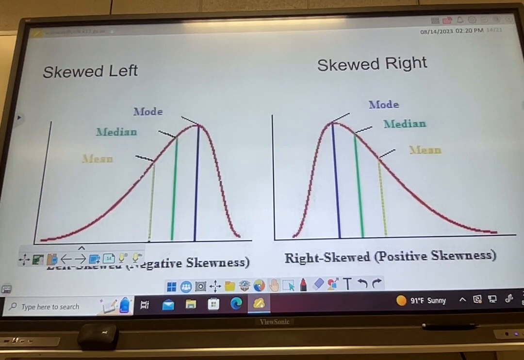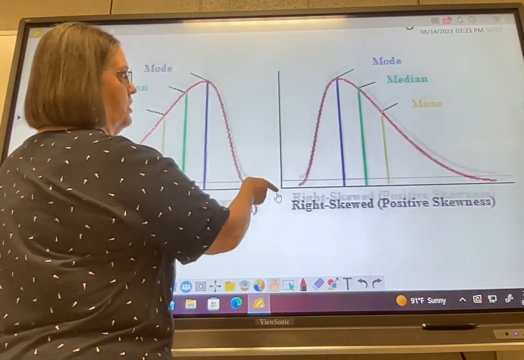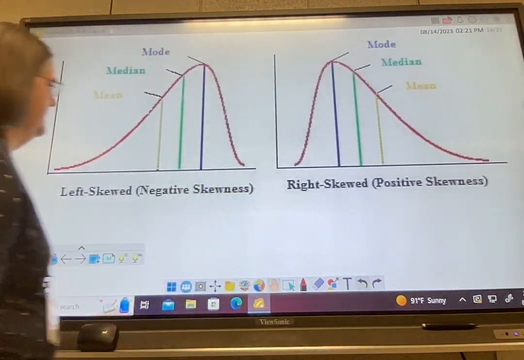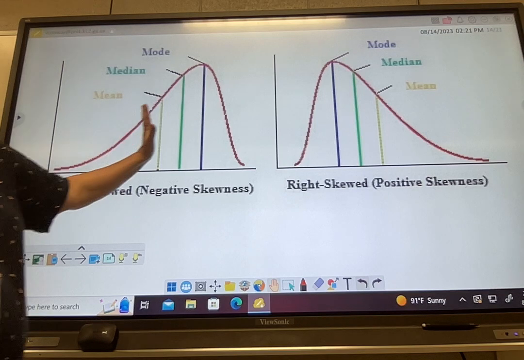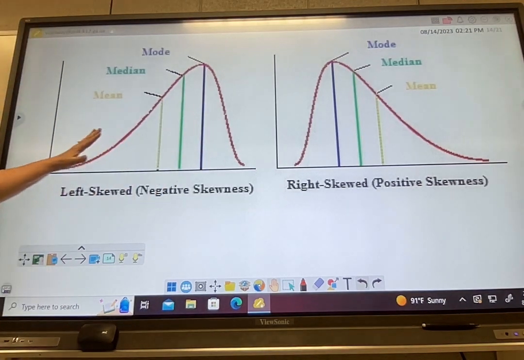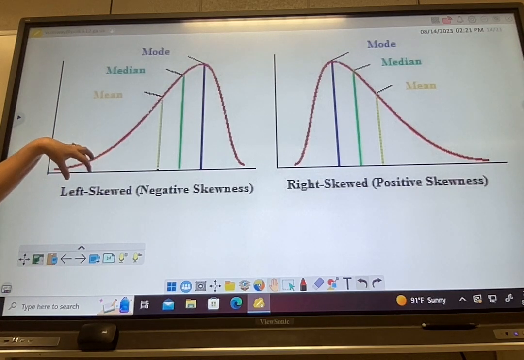All right, and I should have had this earlier, I guess, but this is a picture of when it's not a normal bell-shaped curve. This data is skewed left. That means that my tail is on the left and the majority of my data is on the right. And so this information on the left is skewing my bell to the left, and it's just not a normal distribution.